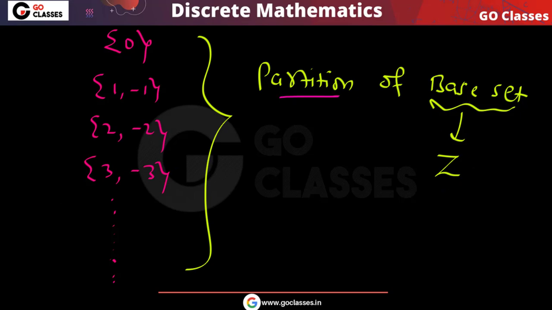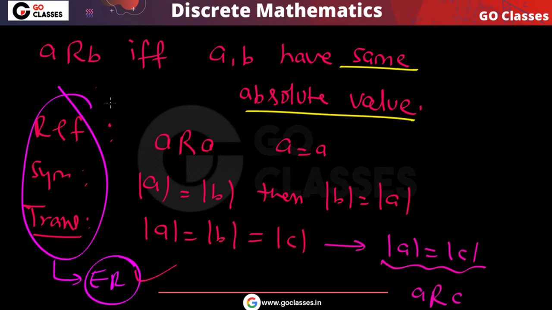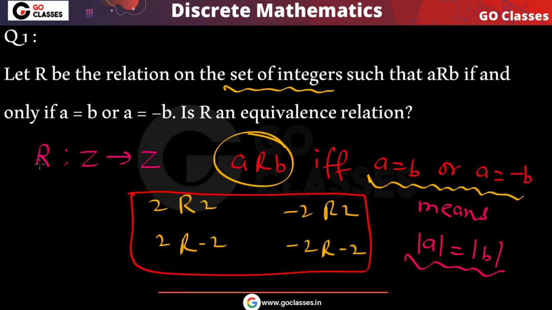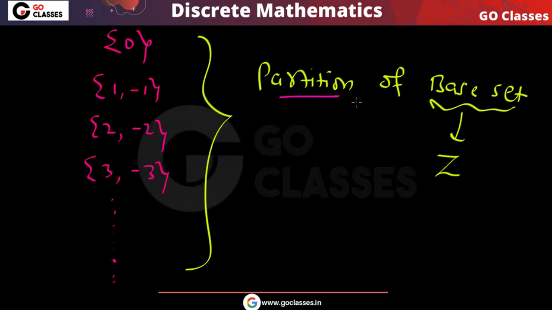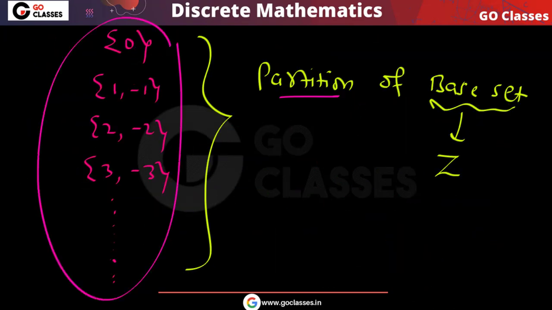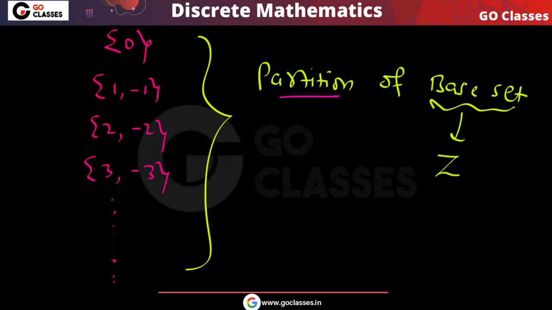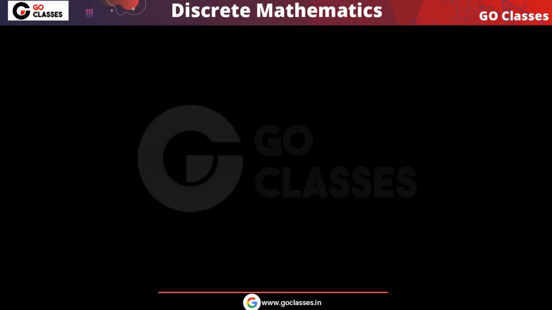Because this relation R is an equivalence relation, an equivalence relation will partition our base set, which is Z. The set of all the equivalence classes is basically the partition of our base set.